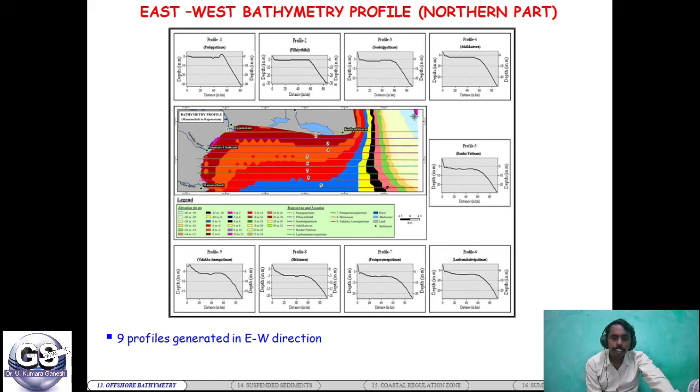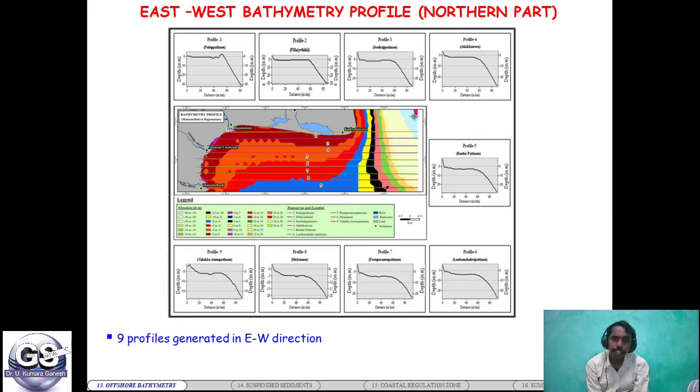For detailed discussion, the bathymetry study area was divided into 2 parts, the northern and southern parts. The northern part includes the area from Rajamadam to Manamelkudi. In this region, 9 east-west transect lines were generated.